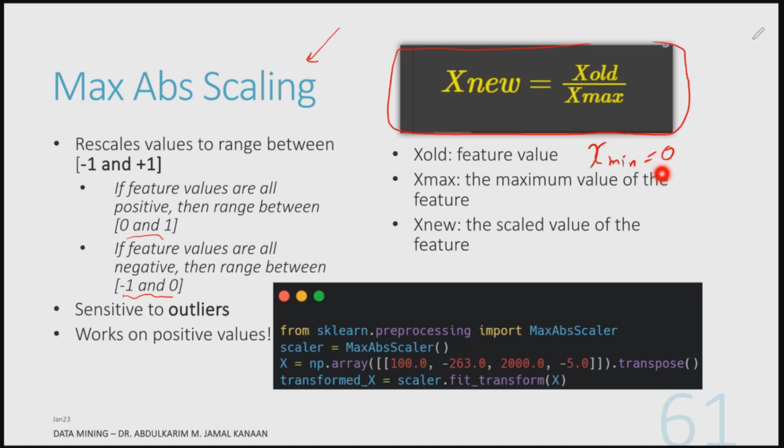But is there any other example where x-min is going to be 0? How about pictures? The pixel value is between 0 and 255. So if you are trying to normalize the picture pixels, you just need to divide by x max, which is 255, the maximum value for a pixel, right? Anyway, if you apply min-max scaler, same result, no difference, because x-min is going to be 0.